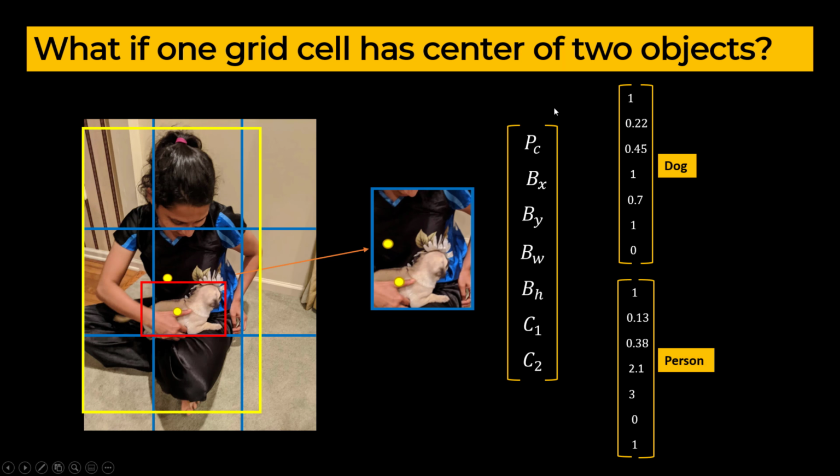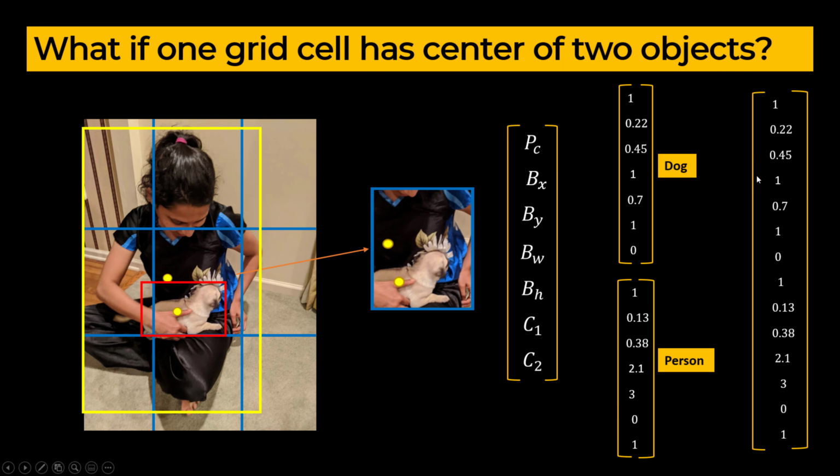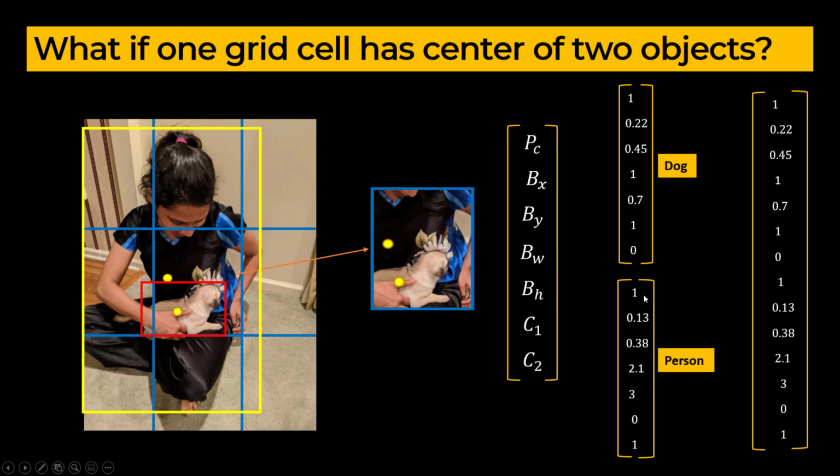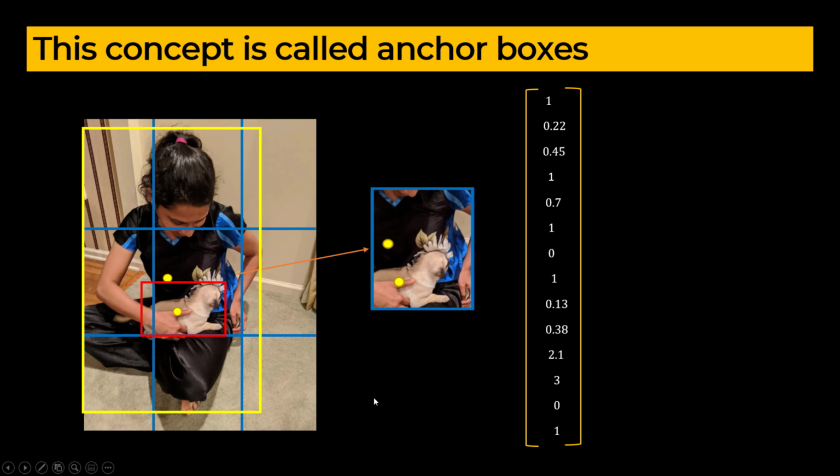So instead of having a 7-dimension vector, how about we have a vector of size 14, where you're just concatenating these two vectors. So this is said to have two anchor boxes. This is one anchor box, this is the second anchor box. And you can actually have more than two anchor boxes. Let's say if there are three objects which have the same center, then you can have three anchor boxes, you can have five anchor boxes.